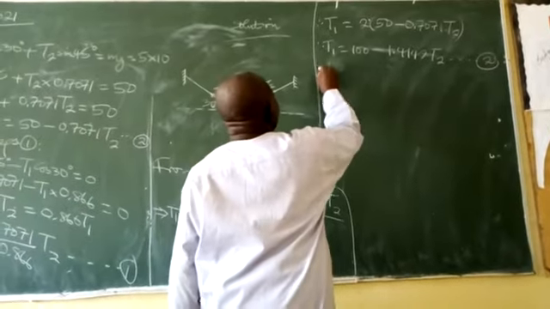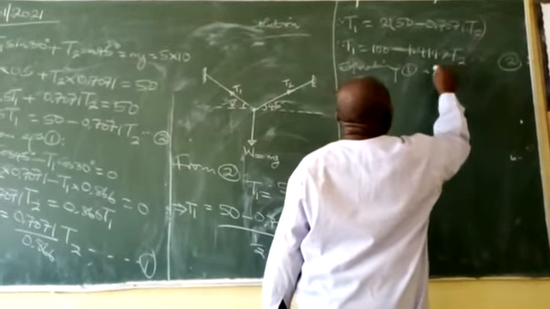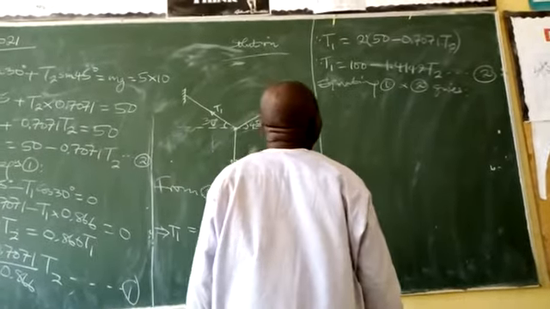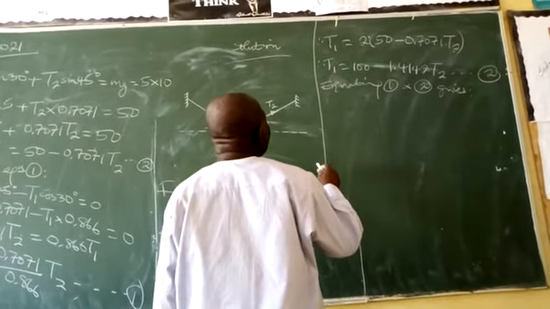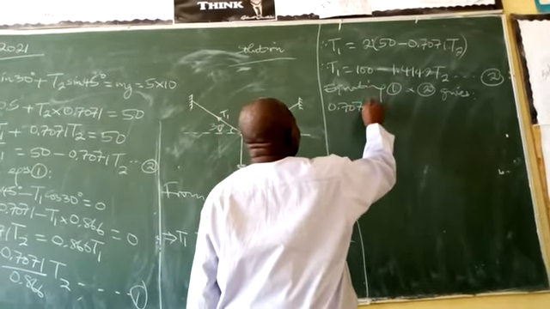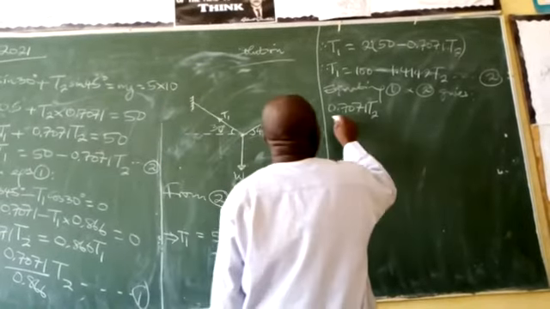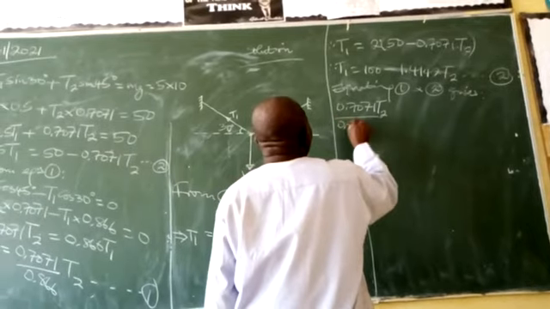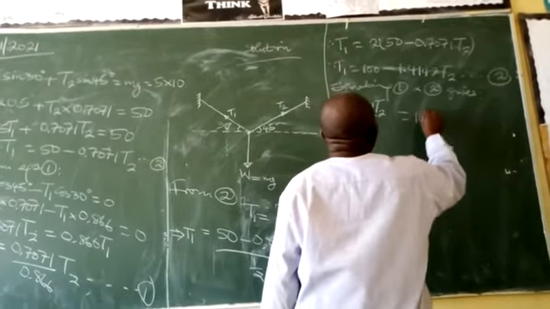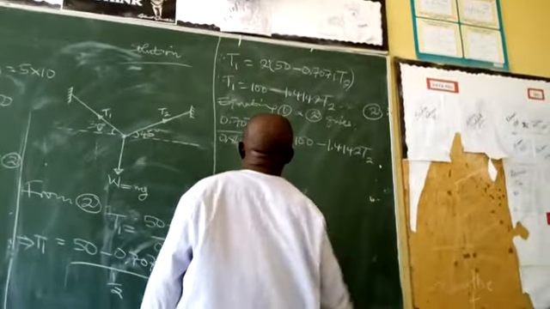Equating 1 and 2 gives 0.7071 T2 over 0.866 equal to 100 minus 1.4142 T2.